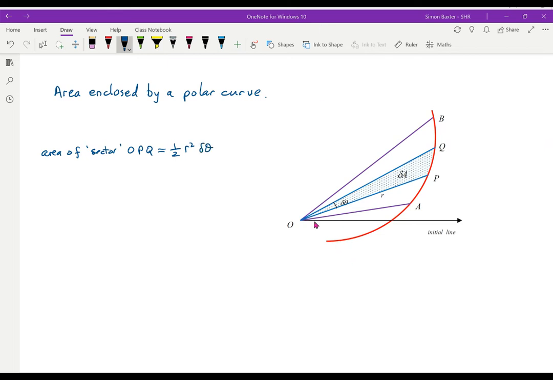So the radius there is r, there's the angle delta theta, a half r squared delta theta. Therefore, the area of OAB, thinking of AB as a curved line, is approximately the sum of all the half r squared delta thetas.